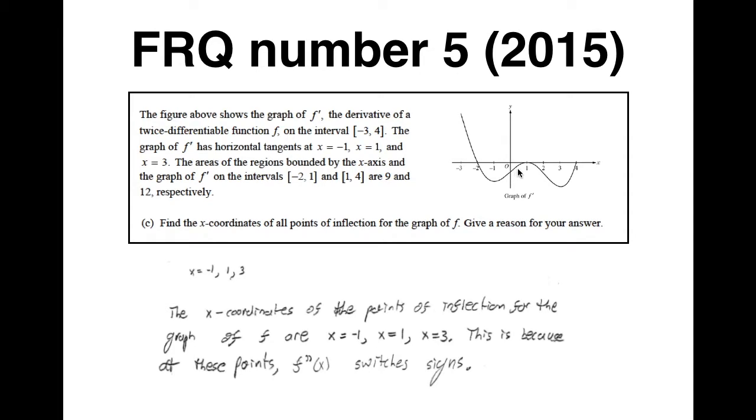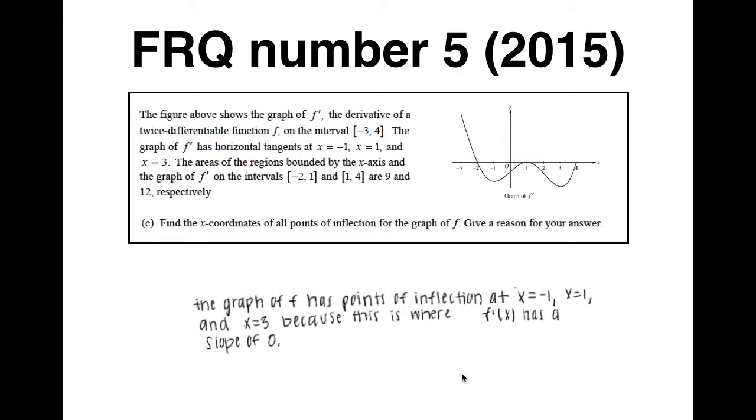Here it's increasing then decreasing, and then it's decreasing then increasing. So that corresponds for f double prime to being negative, positive, negative, positive. 2 points, 1 for identifying the 3 x-coordinates that we are asked for, and 1 point for a reason.